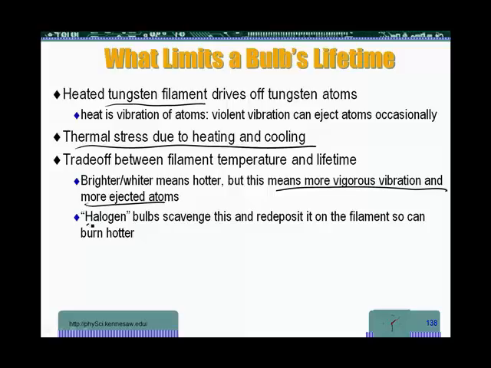Halogen light bulbs try to fix this by collecting these ejected atoms and sending them back onto the filament, so they are redeposited on the filament. So halogen light bulbs try to fix that type of anomaly with light bulbs.